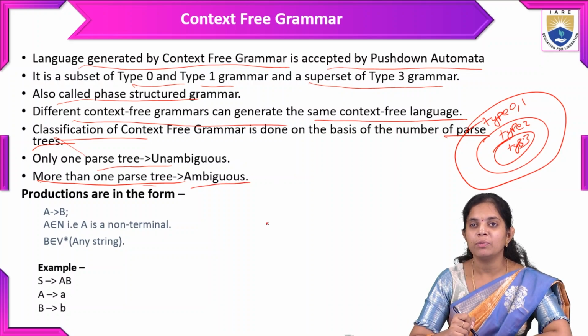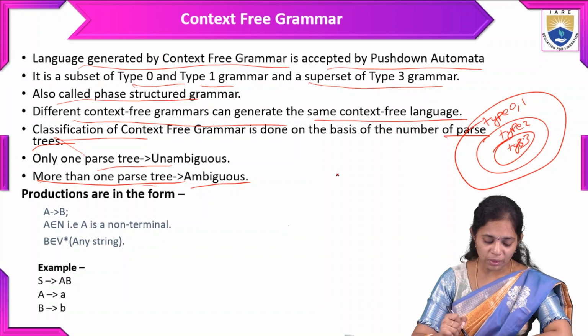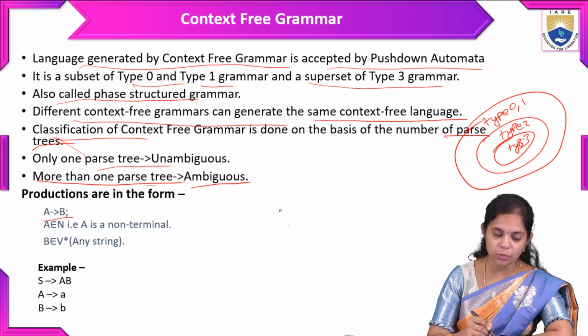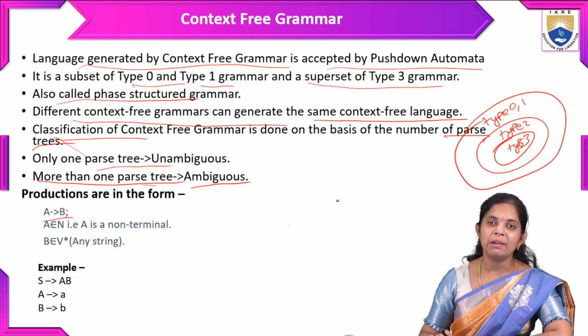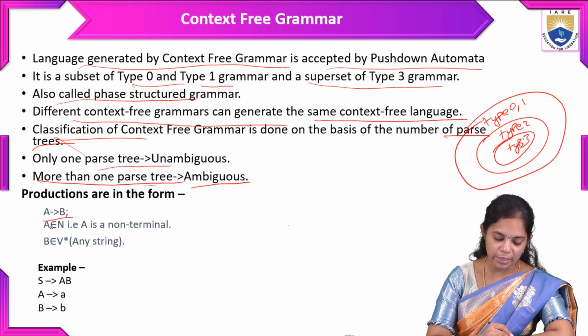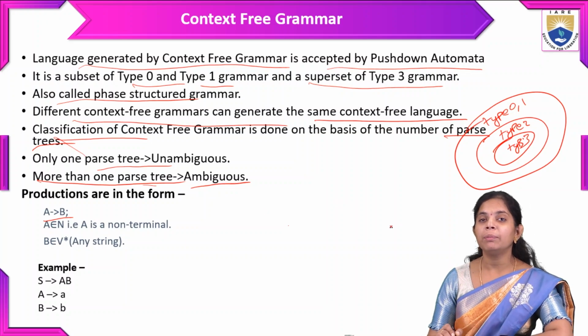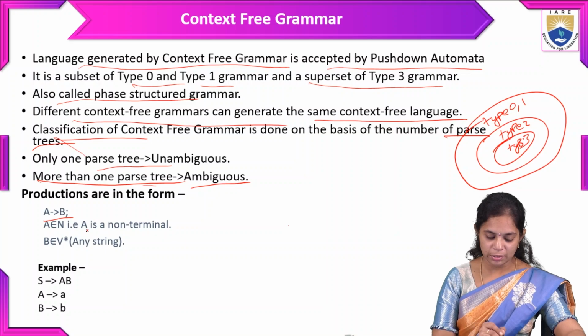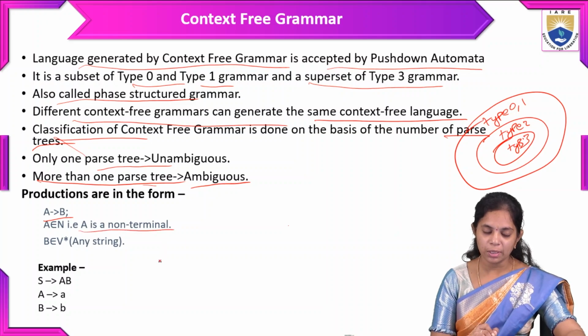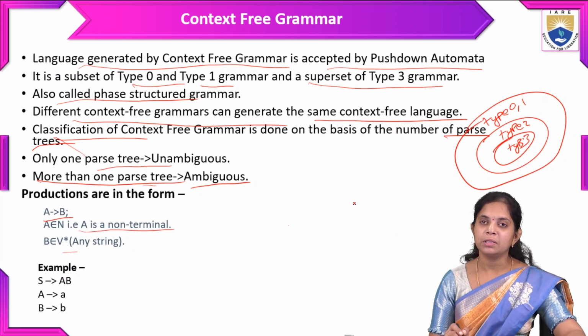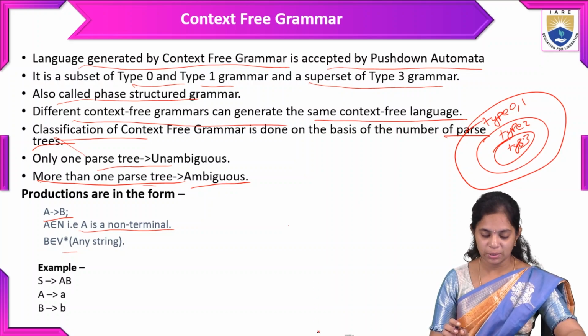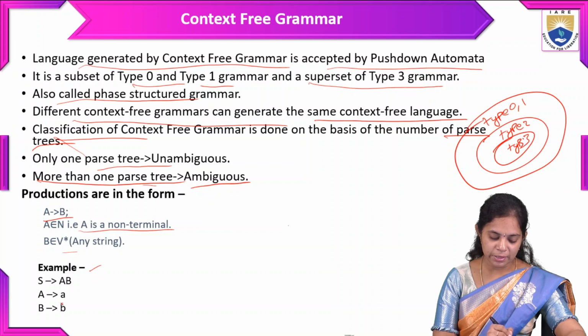And coming to the production rules, A tends to B, that is alpha tends to beta. Here A belongs to the non-terminals, and B is any string formed with the sigma symbols. And this is an example.